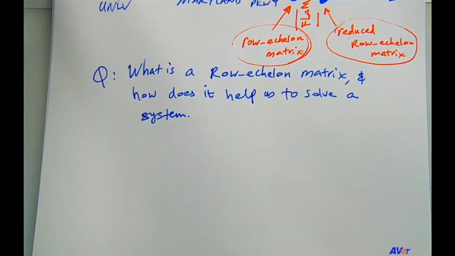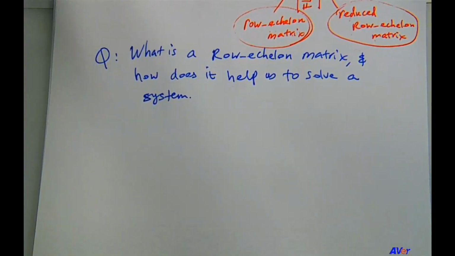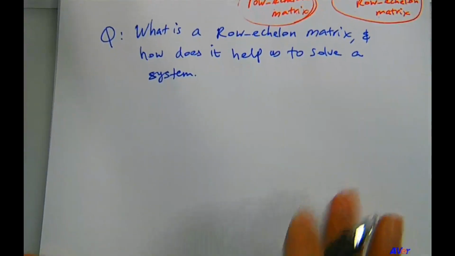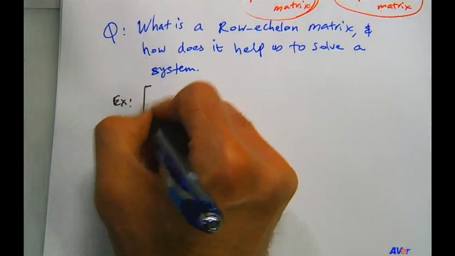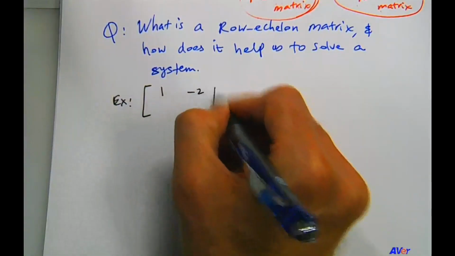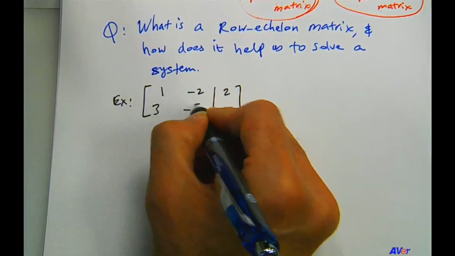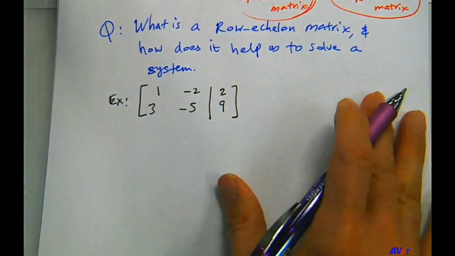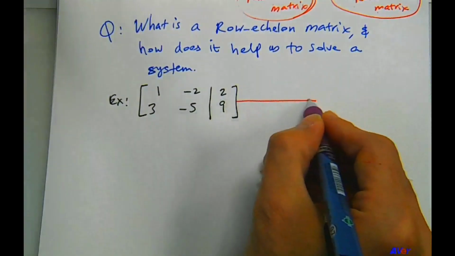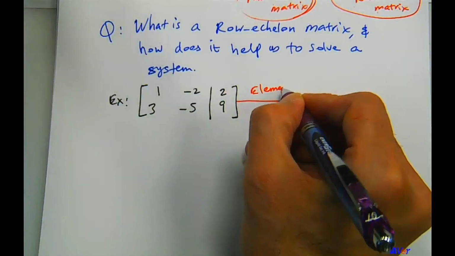So suppose we use this matrix as an example. Suppose this is our augmented matrix. Then we do our elementary row operations, which we will not talk about now, but we will talk about in a few minutes.